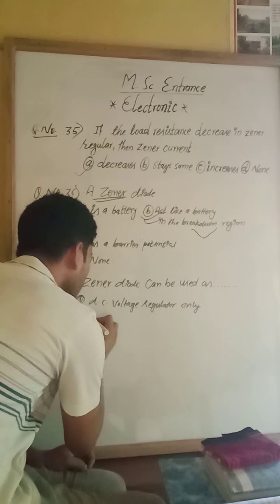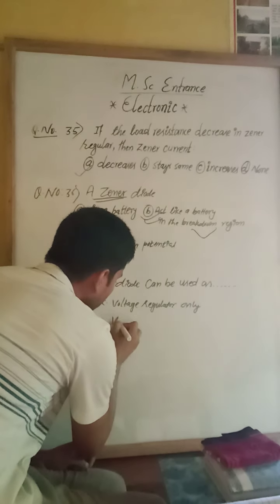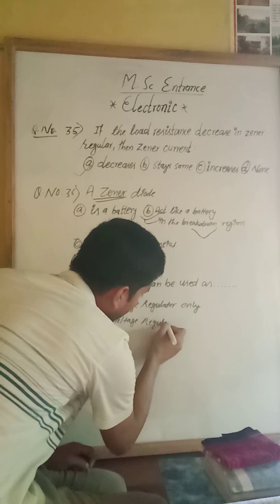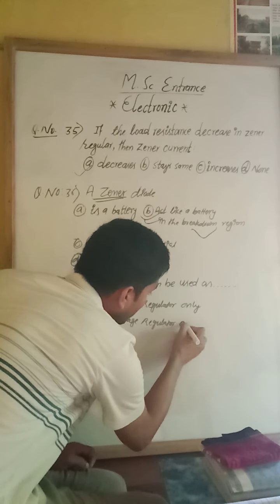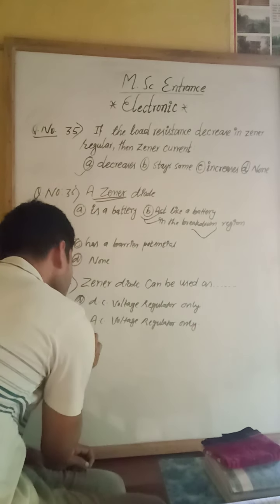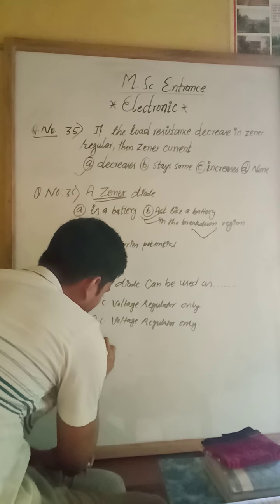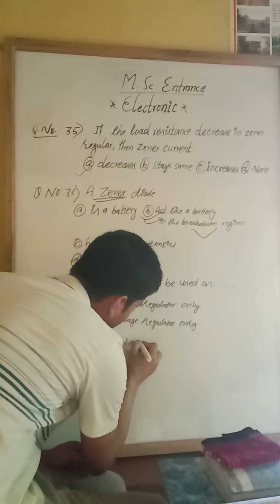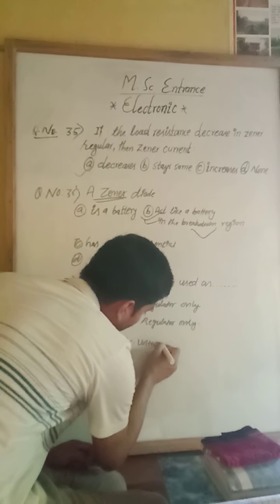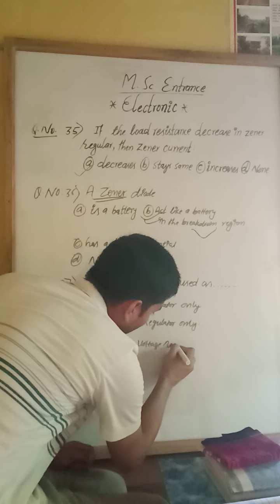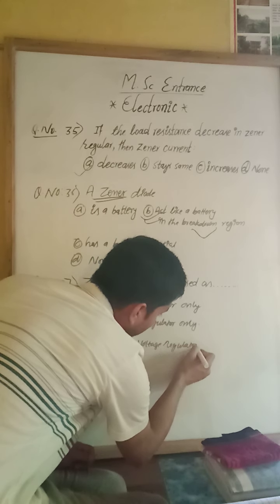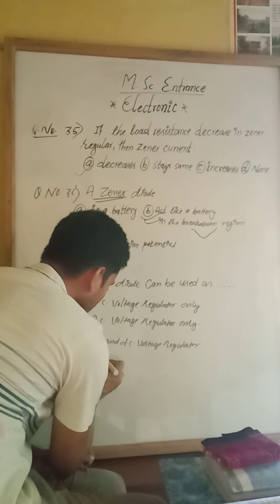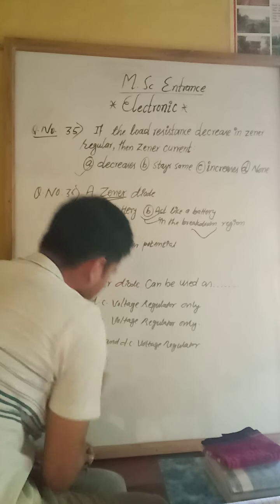Option B: AC voltage regulator only. Option C: AC and DC voltage regulator. Option D: none.